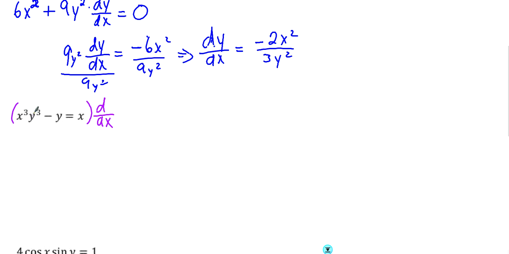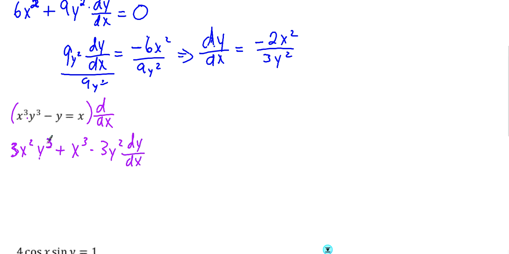So in the first part, I've got product rule going on because it's x cubed times y cubed. So just like what we did up there, we get 3x squared y cubed, the derivative of the first part, plus y cubed times the derivative of y cubed, which is 3y squared dy over dx.